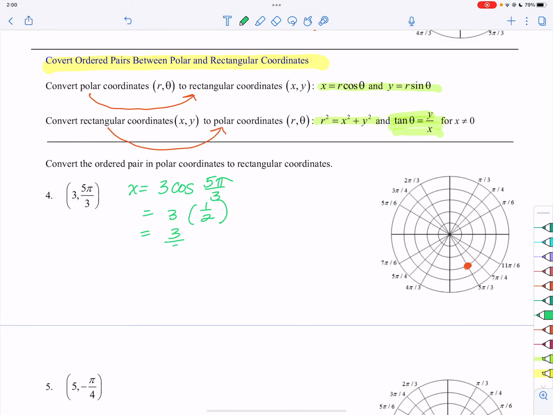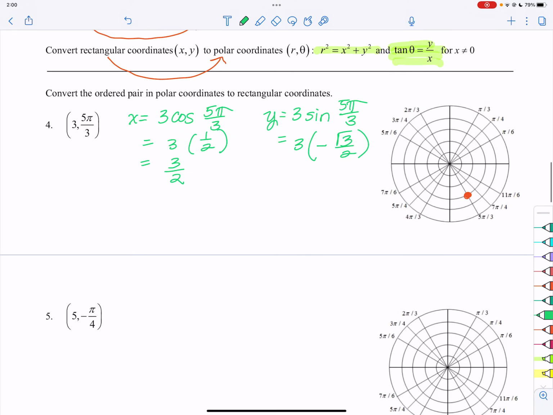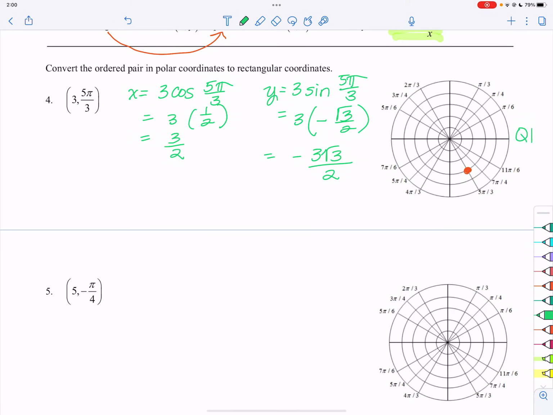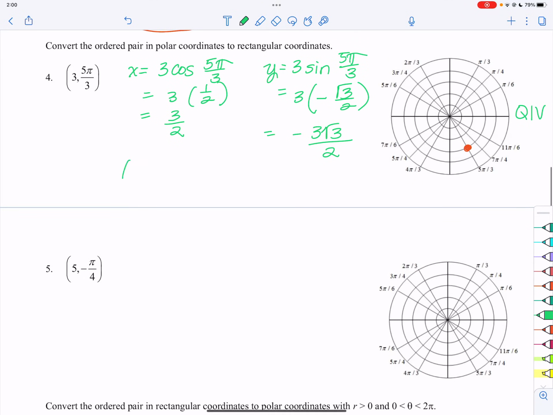And that's 3/2. We have y is equal to 3 sine of 5 pi over 3, and that's equal to 3 multiplied by the opposite of root 3 over 2, and we come up with the opposite of 3 root 3 all over 2. We are in quadrant 4 here. And so we have 3/2, the opposite of 3 root 3 over 2.